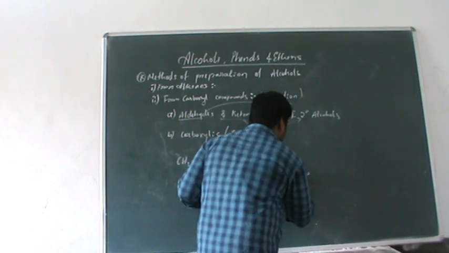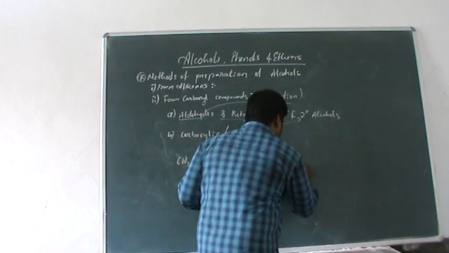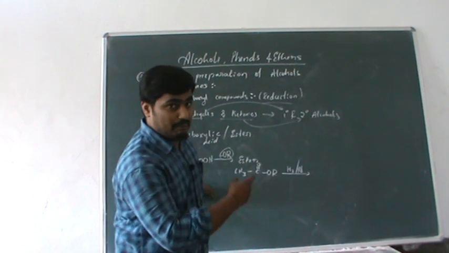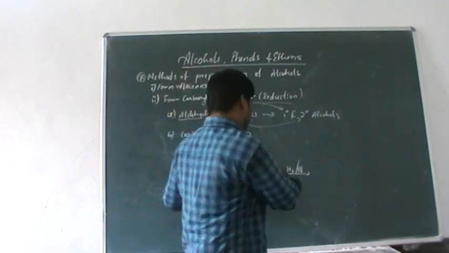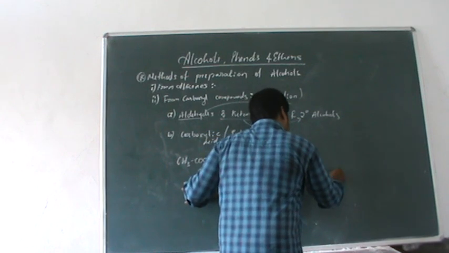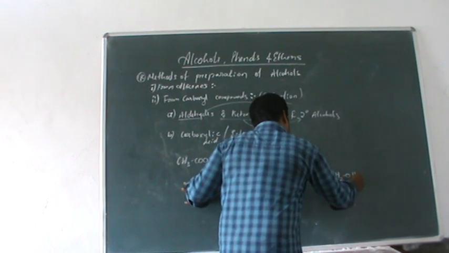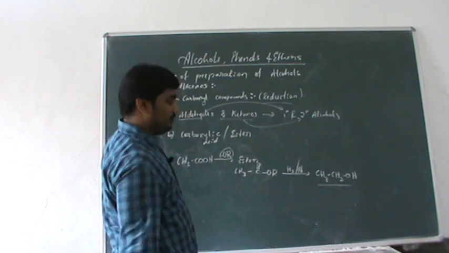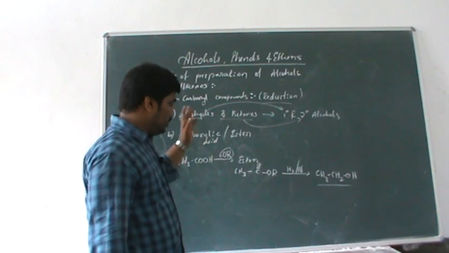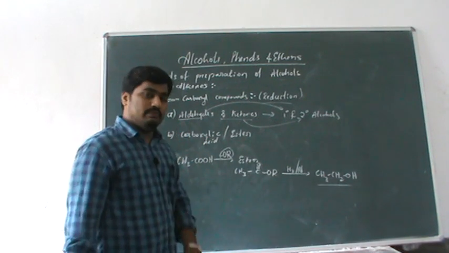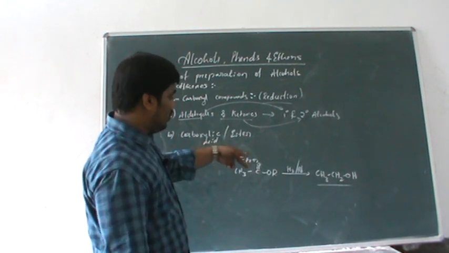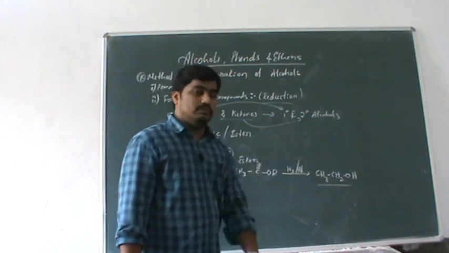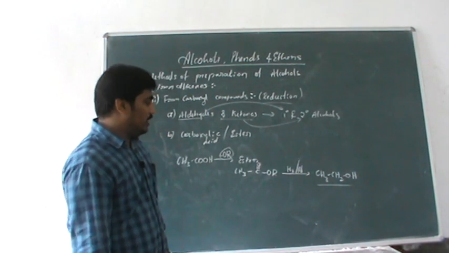When esters are made to react with hydrogen, a mild reducing agent is sufficient. In this case, we produce the same primary alcohol without lithium aluminum hydride. We use hydrogen in presence of palladium or platinum catalyst.